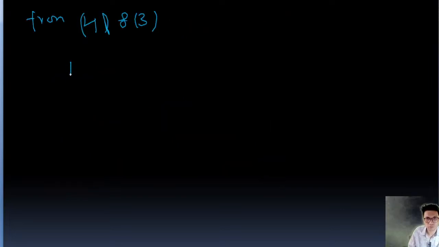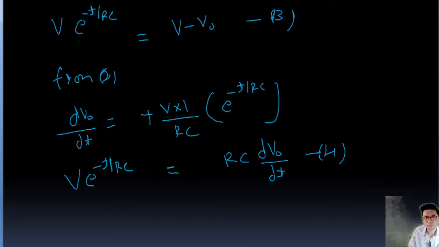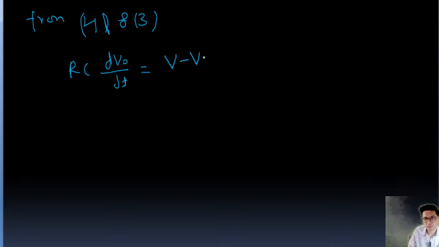So RC dV naught upon dt is going to be equal to V minus V naught.